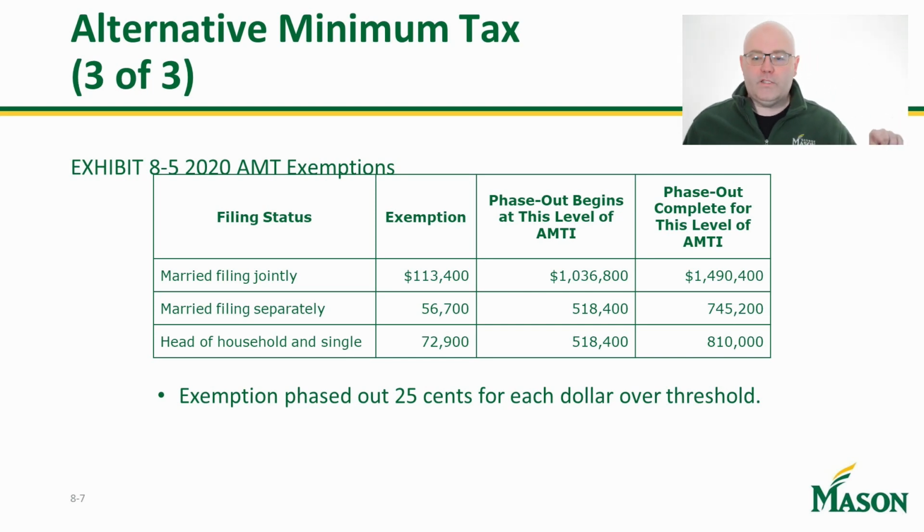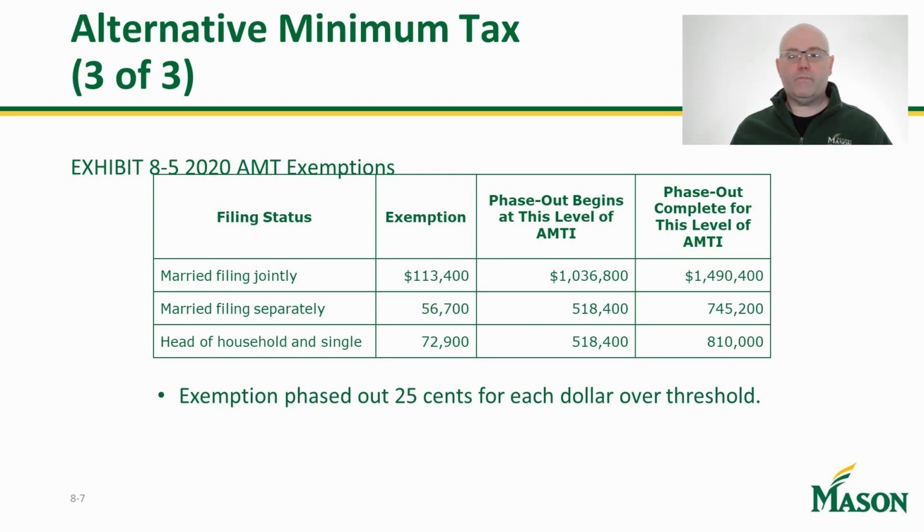What ends up happening is from then until all the way till it gets to $1,490,400, the exemption phases out at 25 cents for each dollar over the threshold. That's a pretty good use of the formula for that. I'll allow you to figure out what that is.